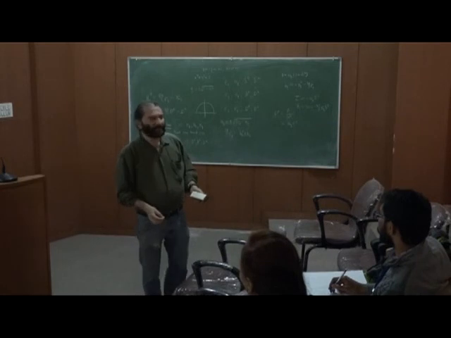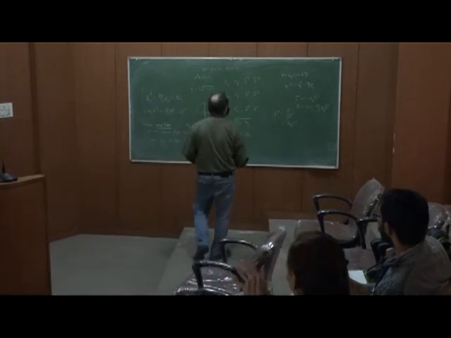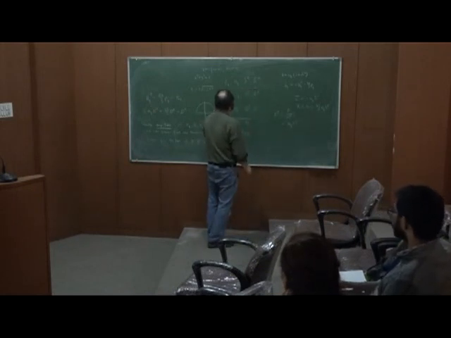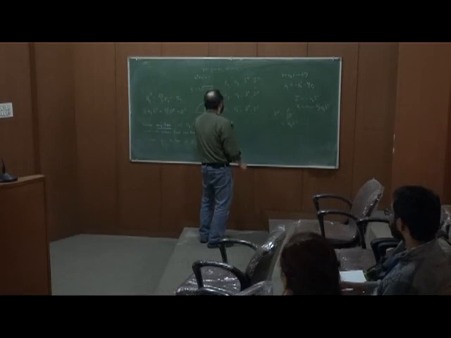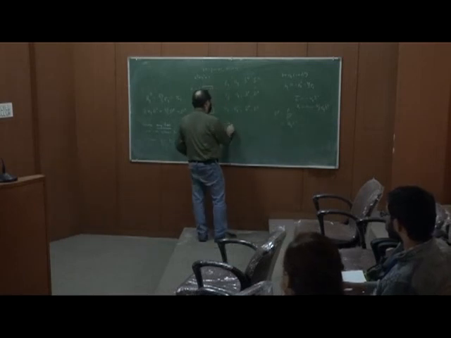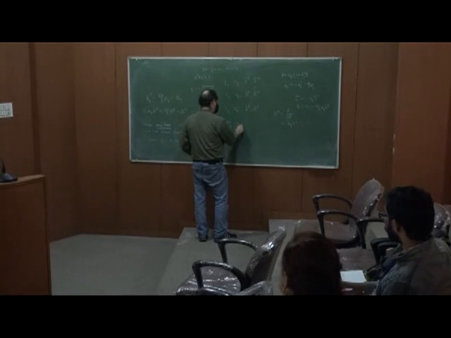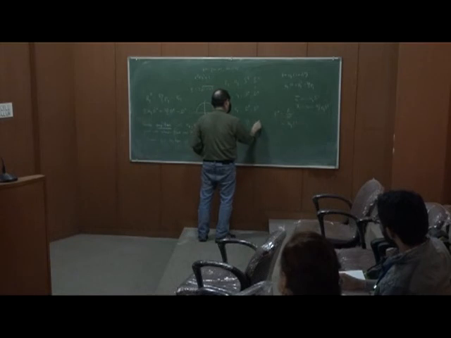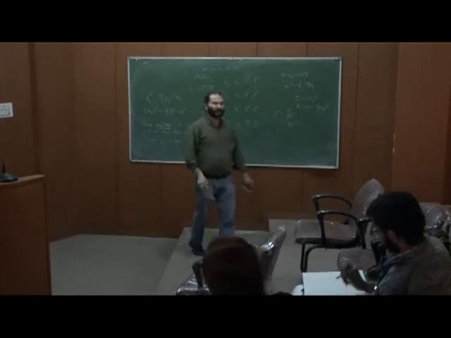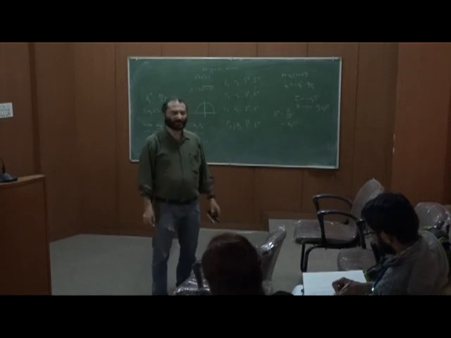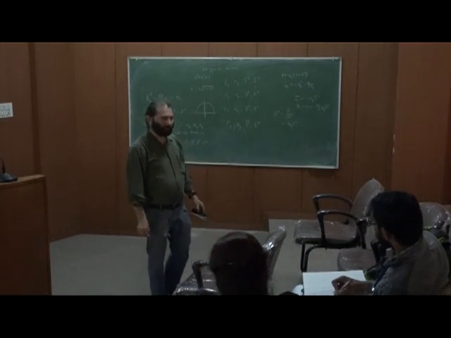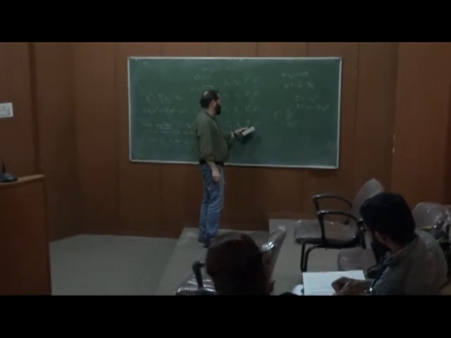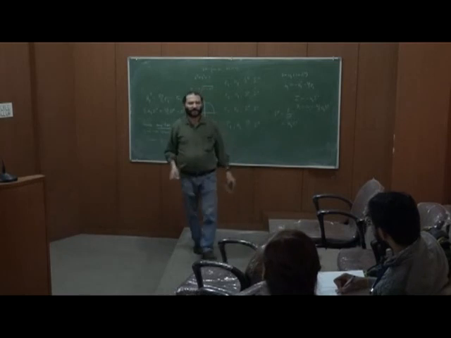The best one so far, the most practical one, is this one. This is the most practical one, this combination. Why? Because the evolution equations for these two reduce to perturbations very nicely.